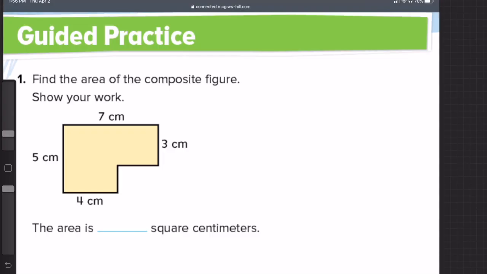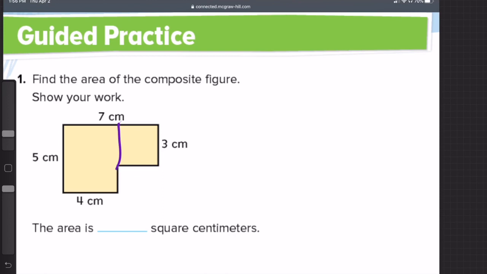Okay, so here's an example where we are going to have to find what these missing sides are right here. So first thing I'm going to do is I'm going to break this into two. So I have two rectangles. Of course, I need to find the area of both rectangles and then add them together to find the total area of this shape.